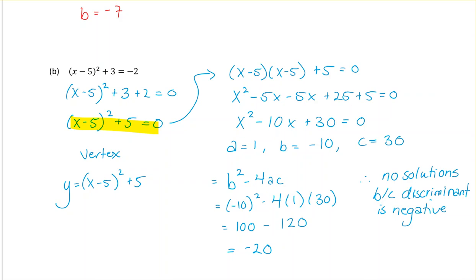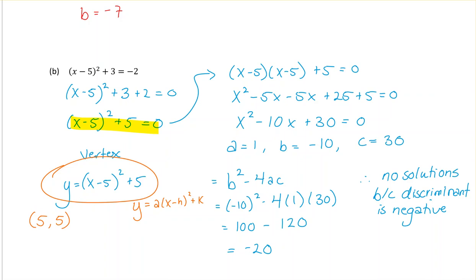However, I will show you a trick if you have vertex form. So let's go back to this right here. If it just asks you a number of solutions, there's a way you can just observe the vertex in vertex form. So what does this tell us? Well, this equation tells me the vertex of this quadratic is 5, 5, and in general vertex form, the a value is out front.